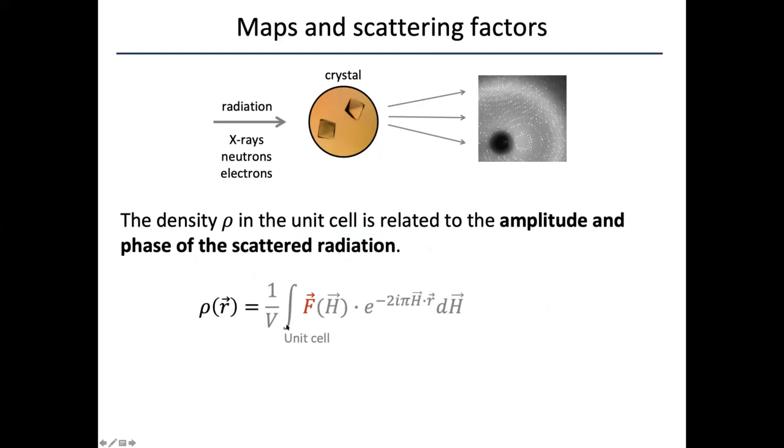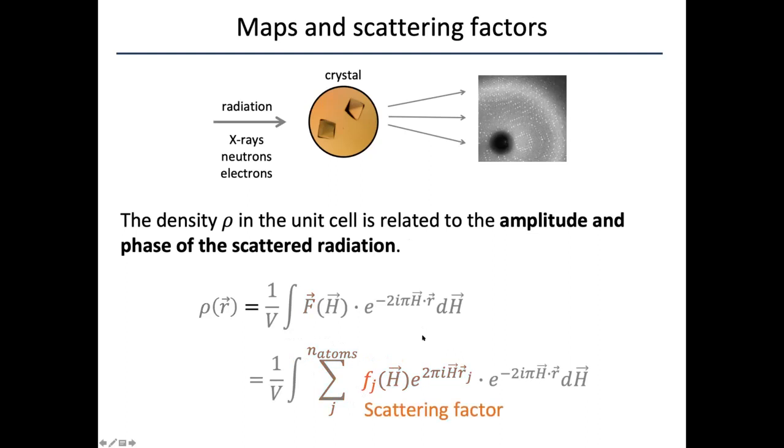The electron density is the Fourier transform of the structure factor. So here this quantity F is the structure factor. Now the structure factor can itself be expressed as a sum over all atoms of these little f_j here. And f_j is the so-called scattering factor.